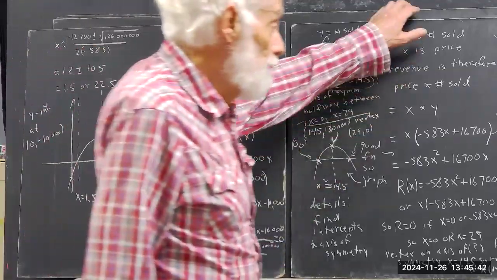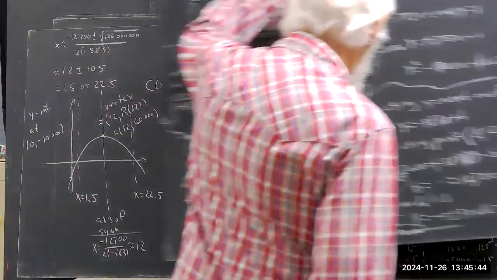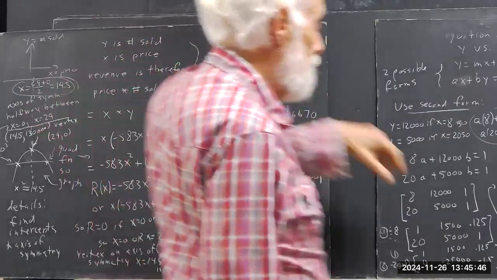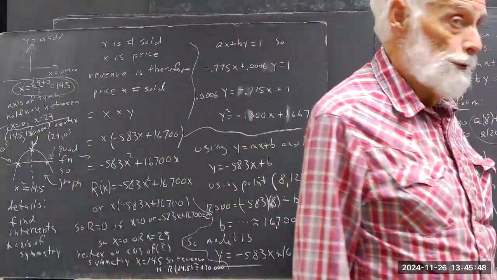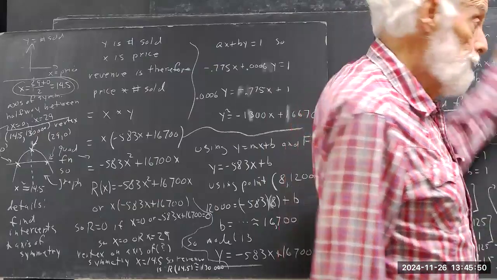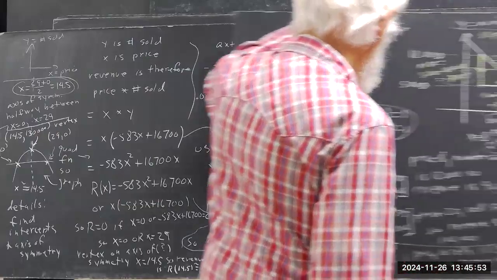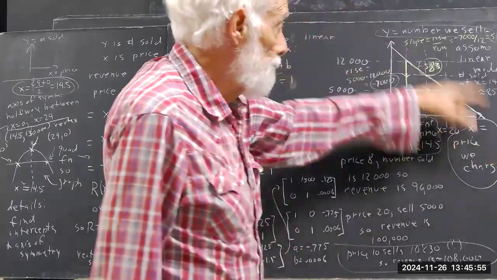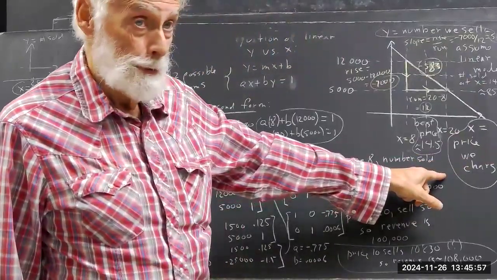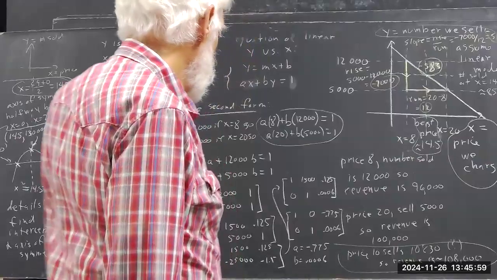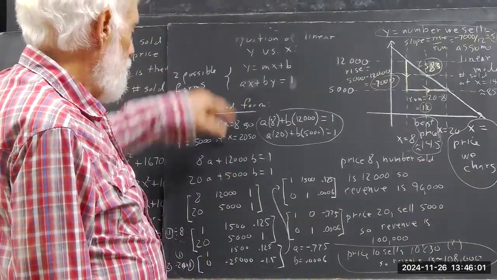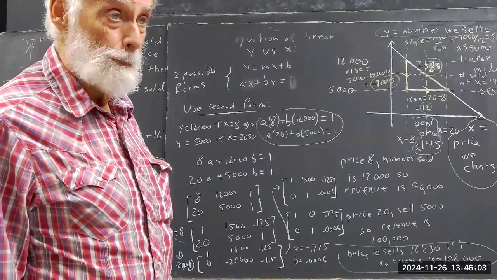So what do we do to solve it? Come up with points in the graph and find a straight line. Okay. The straight line tells us how many we sell as a function of what we charge. We could do it like this using the augmented matrix.